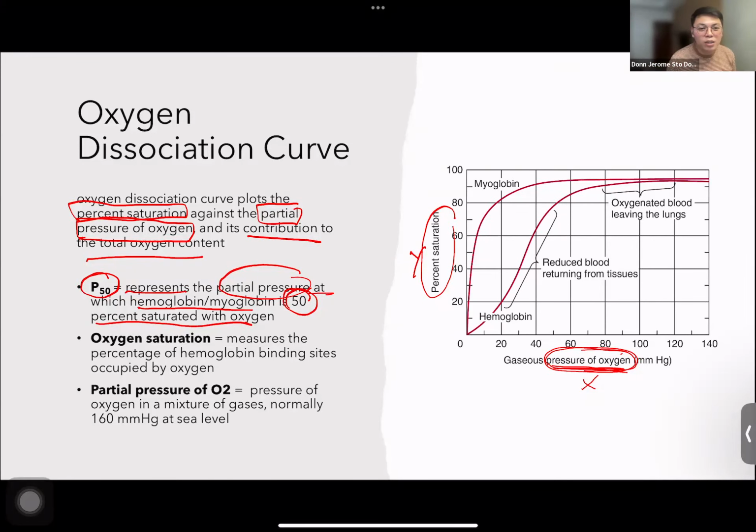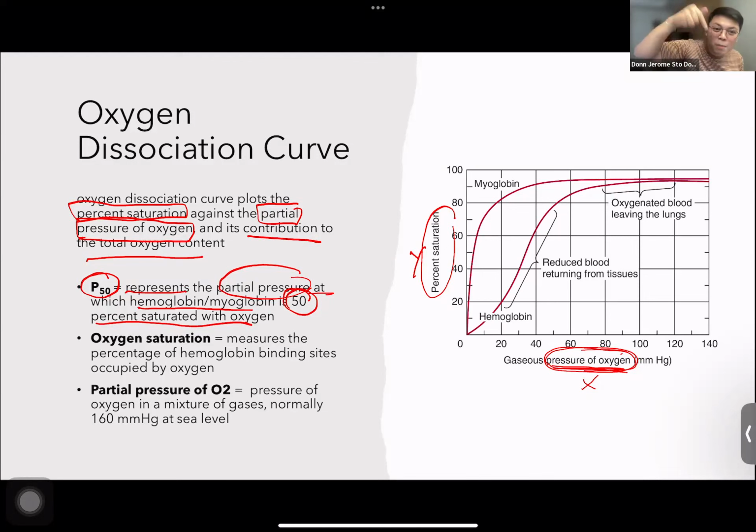O, apply natin, kunyari dun sa enzyme kinetics, balikan. High Km, ano ang affinity ng substrate for the enzyme? High Km. Since inverse ang relationship niya, low. So pag low ang Km, high affinity of substrate for the enzyme. Pag high ang Km, low ang affinity ng substrate for the enzyme. Ganon din dito.